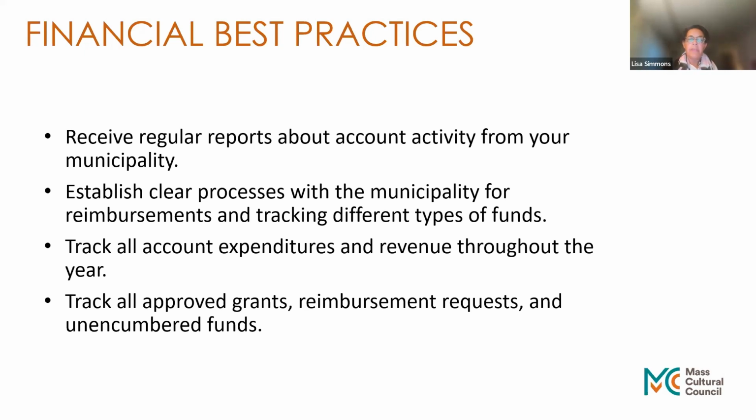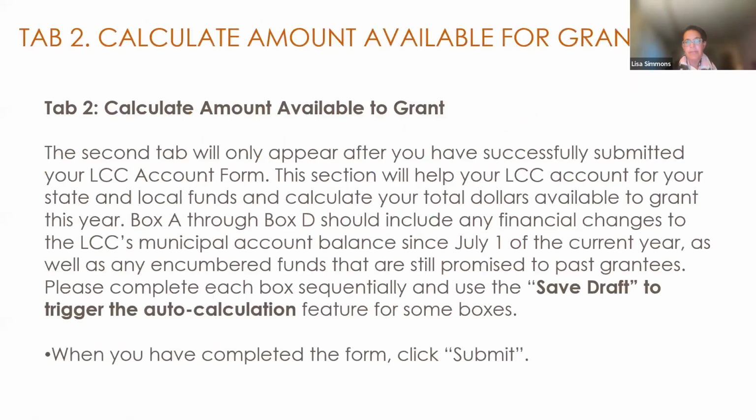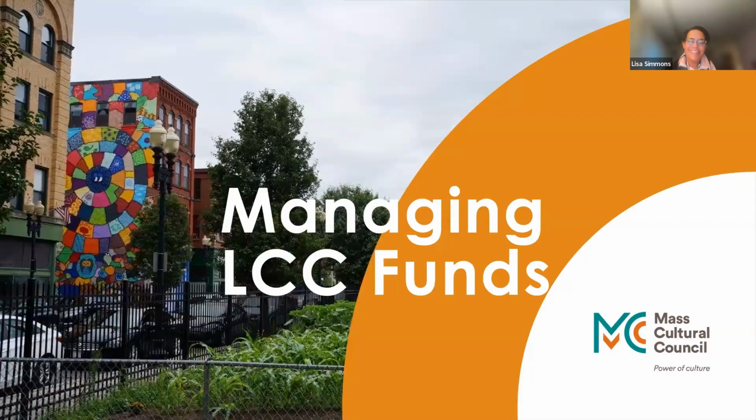Because if they are not, and you can get that information before you have your grant meeting, then you can roll those funds into the FY24 grant cycle. You can unencumber them and make sure that they become part of the grant cycle so that you have more funding for this year. So I think that's about it for us now. But if you have any questions, I'm sure you do, we're here to answer them.